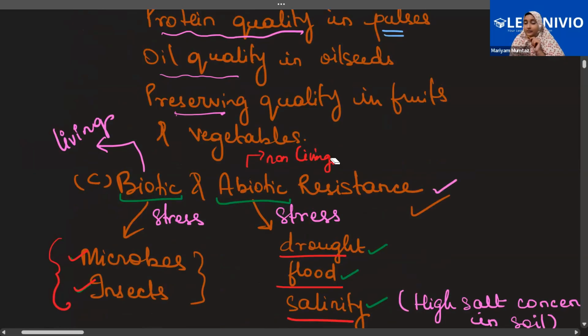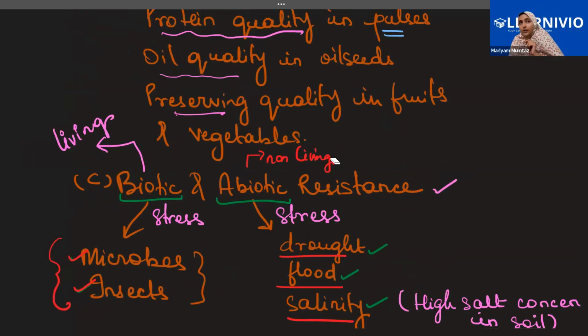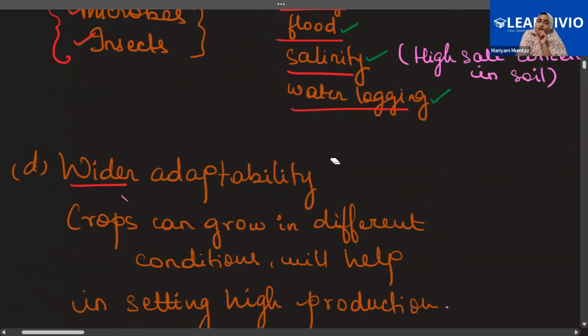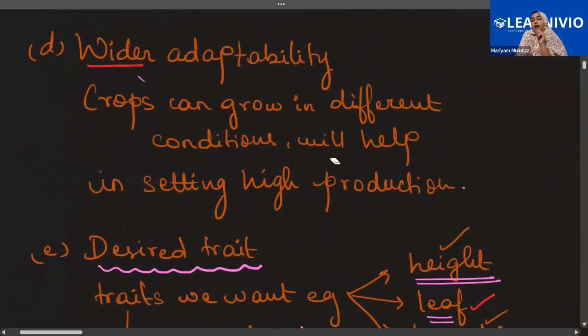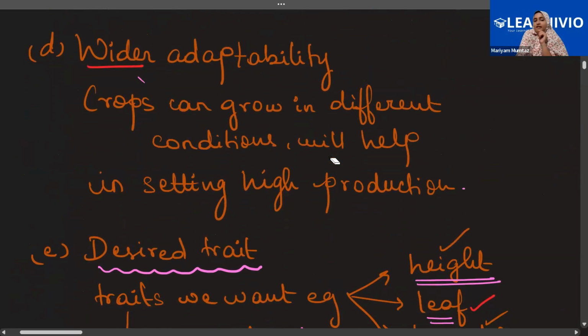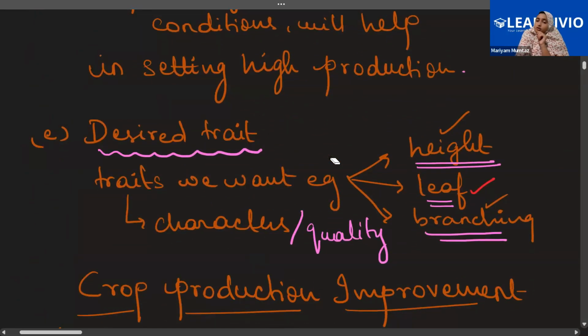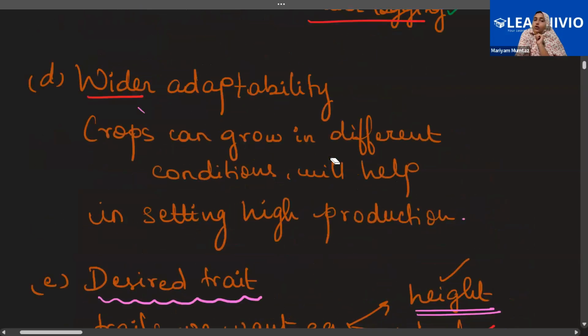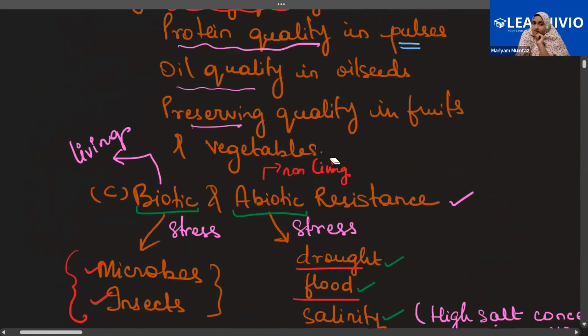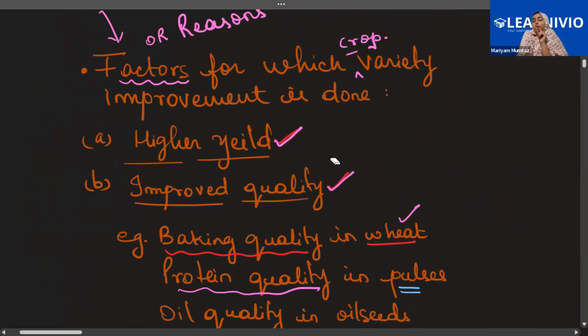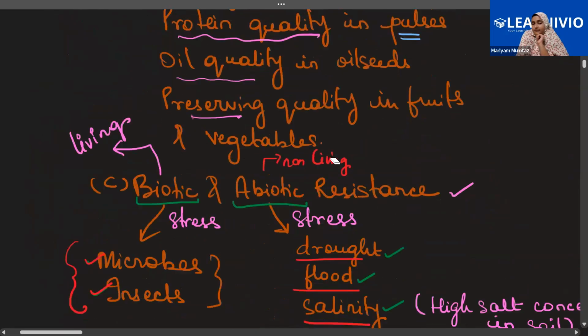We should be able to have a crop that is resistant to all kinds of stress, then only the crop will flourish. Then we are doing it to have a wider adaptability in the plant. And lastly, we are doing it to get whatever quality product we want from them, to get the desired trait. So all of these are the reasons for which we are doing the crop variety improvement.